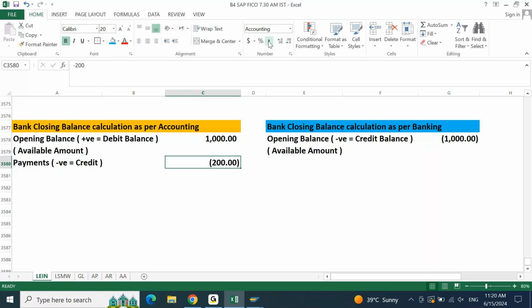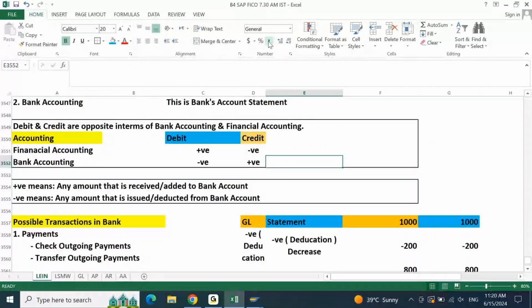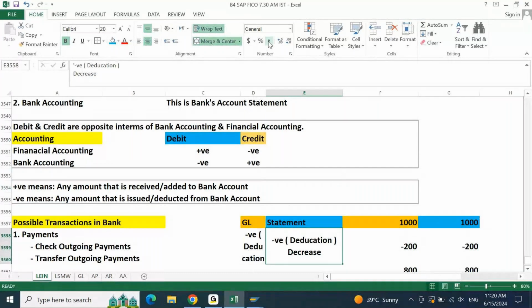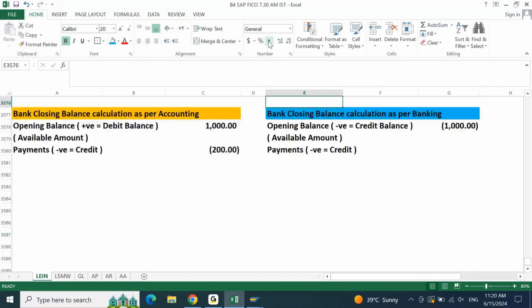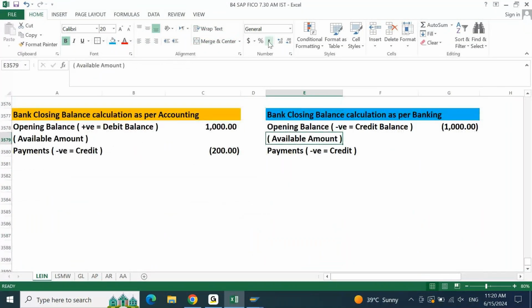Now same thing here also, payments, but according to bank it is also negative only. According to bank also negative only we have listed, but as per bank, when it comes to debit and credit, these are reverse. Negative credit according to accounting will become negative debit according to bank accounting. So I am going to put this as debit here.